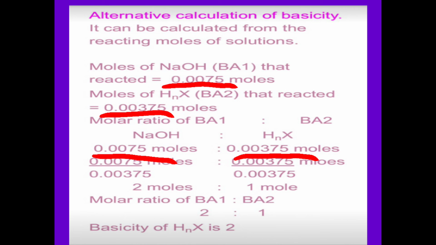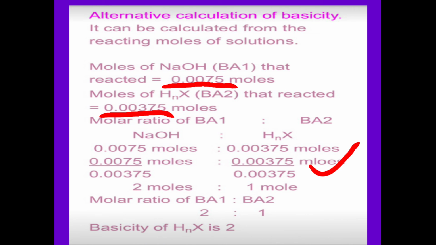If I want to get the molar ratio, it is a matter of dividing by the smallest throughout. What I will do, I will just divide throughout by the smallest, as you see here. We are dividing by 0.00375 throughout. If we do that, we are going to come up with a molar ratio of 2 to 1.